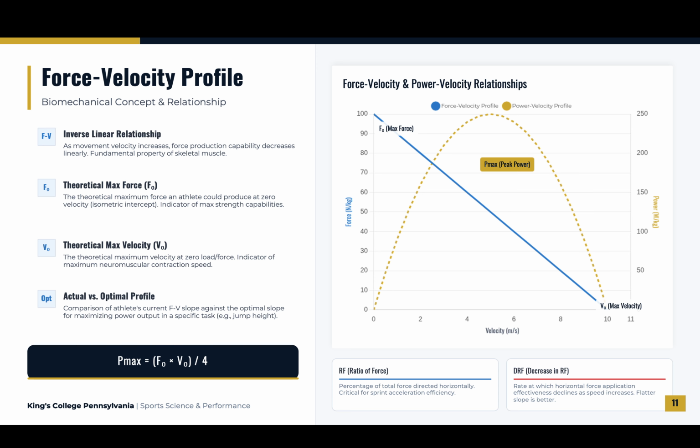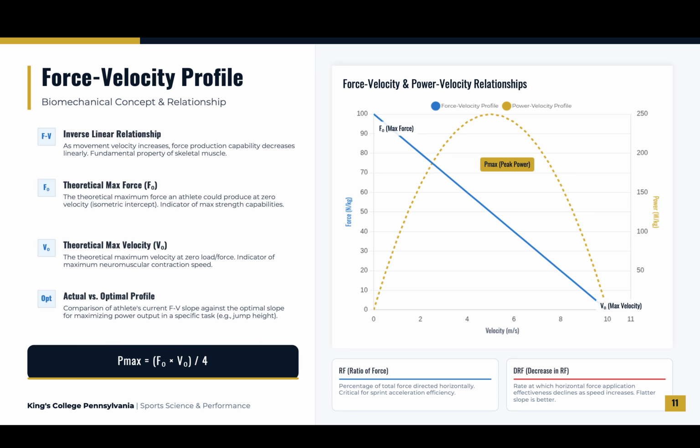The theoretical max velocity is the theoretical maximum velocity at zero load, and is an indicator of maximum neuromuscular contraction speed. And the actual versus optimal profile compares an athlete's current force-velocity slope against the optimal slope for maximizing power output in specific tasks.